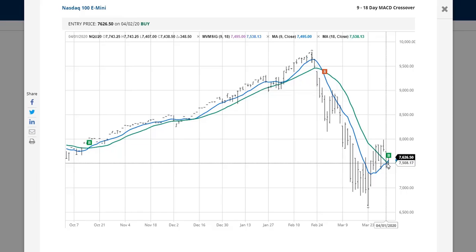But an uptrend, or trends, are a series of impulses and corrections. And so when the 9-day crosses over the 18, it's confirming for us that first impulse of a potential new trend, in this case, the first impulse of an uptrend.